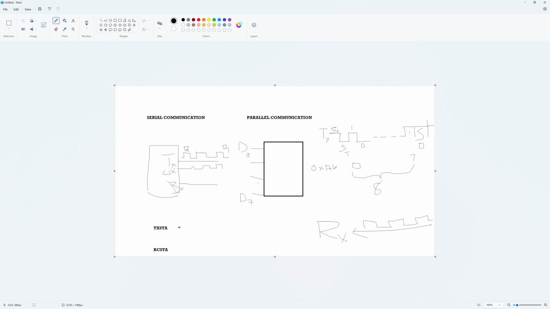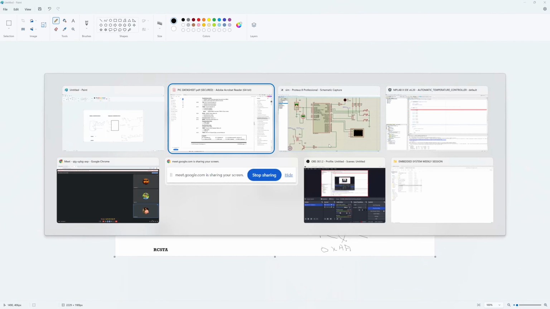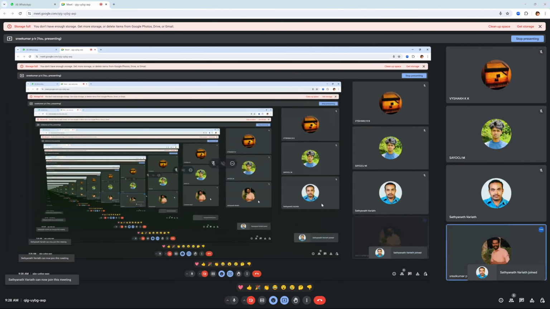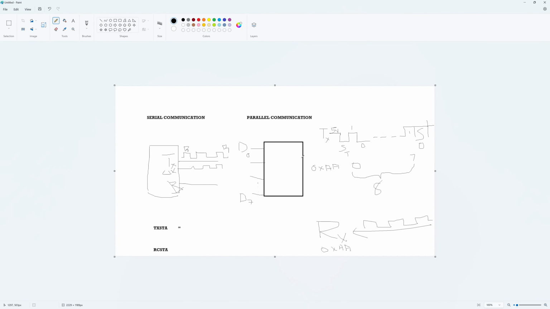The receiver should receive 0xAA, right? So they need to sample it properly because there is no clock. Only the TX line is used, and based on a particular mechanism they are transmitting this data.